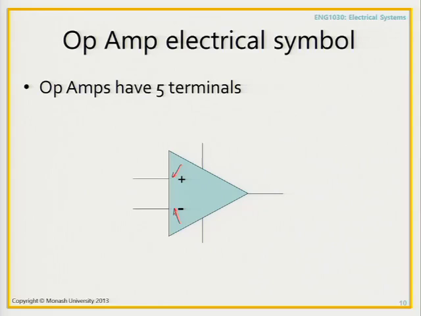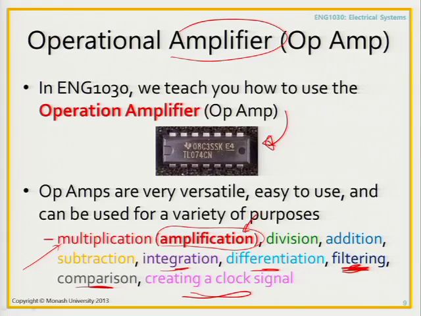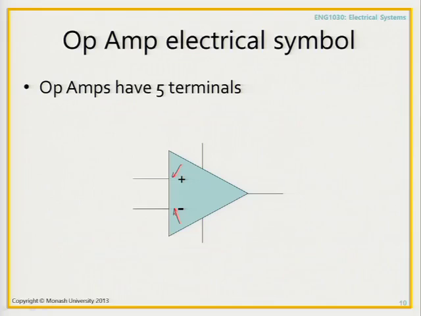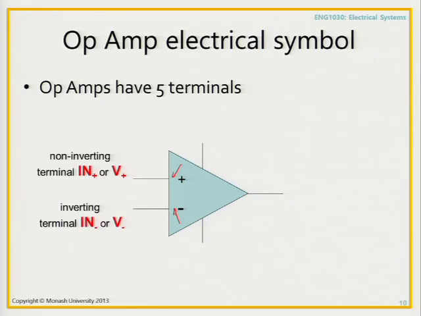These plus and minus symbols are very important. They represent distinct pins on our actual op amp. And if you mix them up when you're wiring it together, then your op amp will do different things than what you expected.